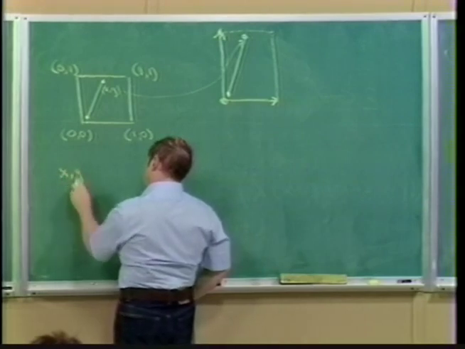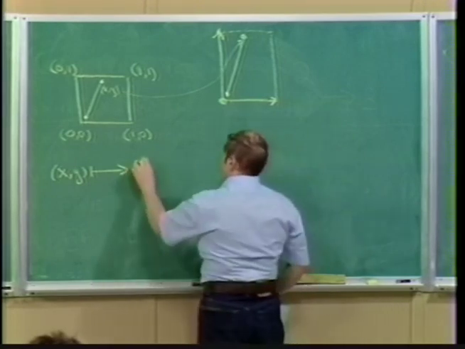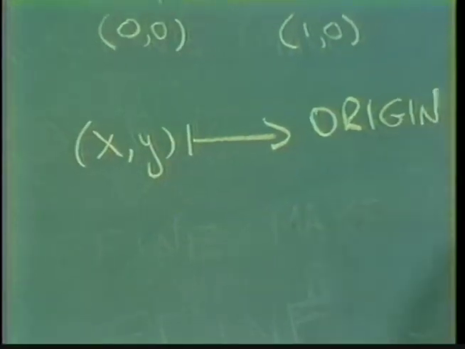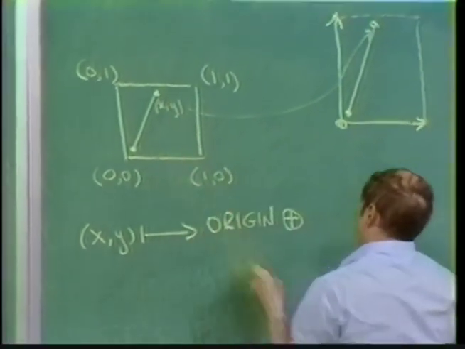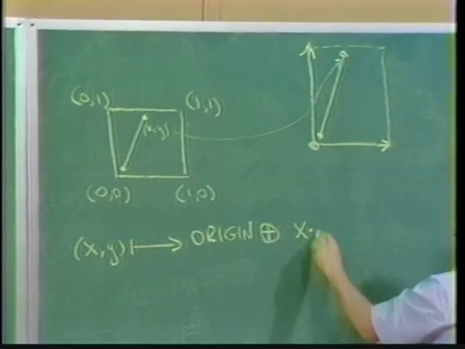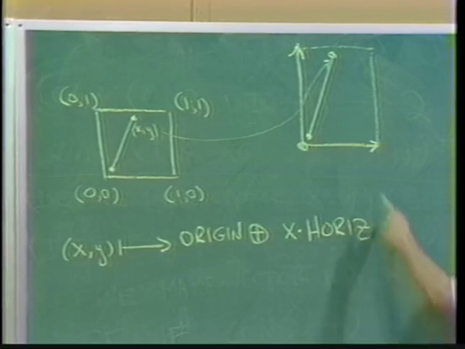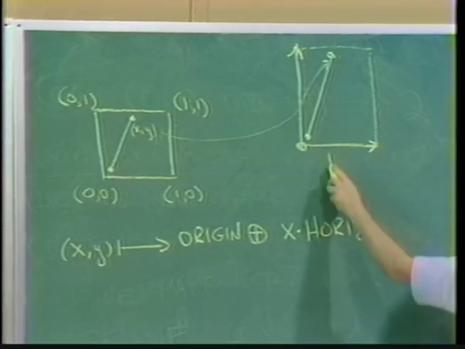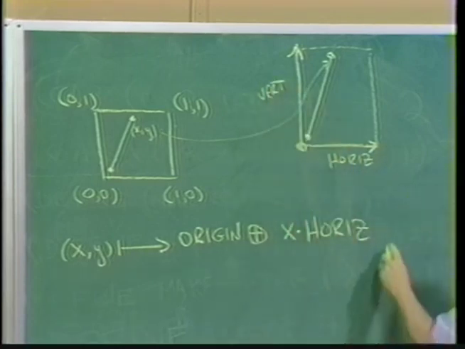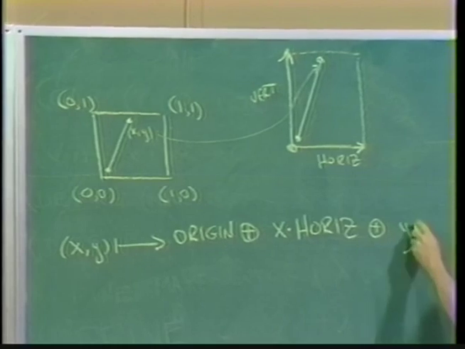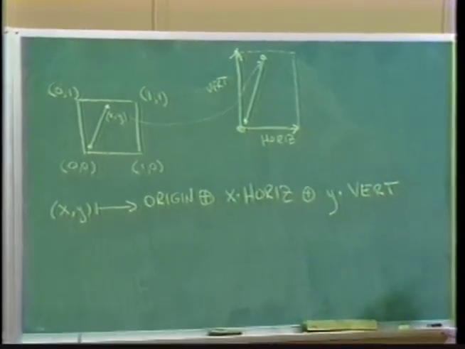The point that xy goes to is gotten by taking the origin of the rectangle and then adding that as a vector to, well, take x, the x coordinate, which is something between 0 and 1, multiply that by the horizontal vector of the rectangle, and take the y coordinate, which is also something between 0 and 1, and multiply that by the vertical vector of the rectangle.